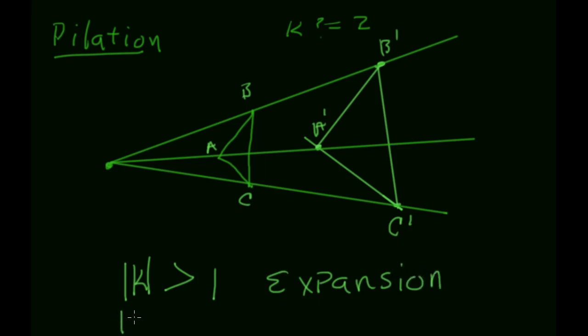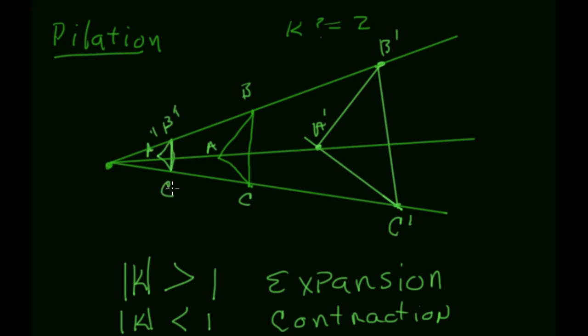If the absolute value of k is less than 1, then we get a contraction. If I did this again with something less than 1, my dilation would have ended up back here, and this would have been A double prime, B double prime, C double prime.